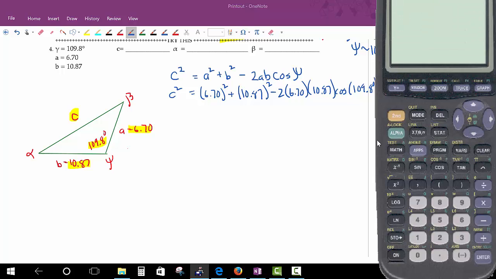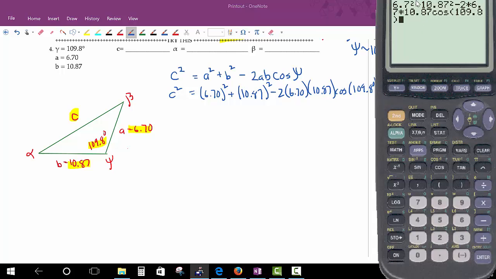I'm going to do exactly what I've got on my paper here. So 6.7 squared plus 10.87 squared minus twice the product of the other two sides, 6.7 times 10.87 times the cosine of the angle in between, 109.8, like that.